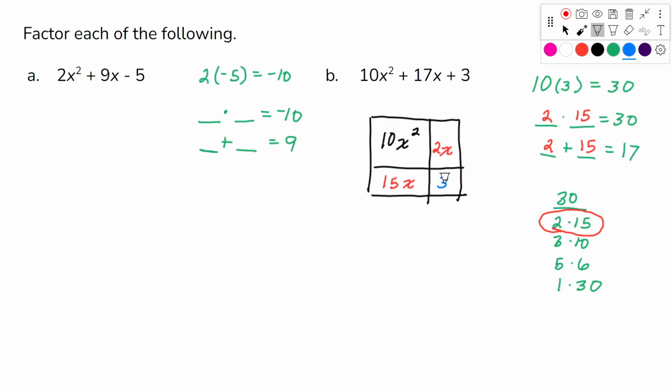Something that's going to help us out is the only factors of 3 are 1 and 3. So when I look at where I want to place them, I know I don't want 3 to go with this column, because the only way I could get 2 when I multiply by 3 is if I multiply with a decimal. So I'm going to put the 1 here, because 1 is a factor of both 2 and 3. And I'm going to put the 3 on the side here because it is a factor of both 15 and 3.